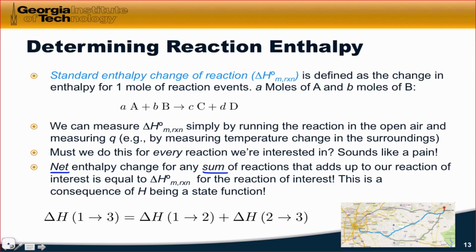In mathematical form, if our reaction of interest was converting, say, state 1 to state 3, or reactants 1 to reactants 3, and we knew the delta H's for converting 1 to 2 and 2 to 3, we simply add up these two enthalpy changes to get what I'm calling here the net enthalpy change. That net enthalpy change is equal to the enthalpy change for the conversion of 1 to 3. The reactions on the right-hand side sum to conversion of 1 to 3, and the delta H's also sum, and that's a consequence of H being a state function.